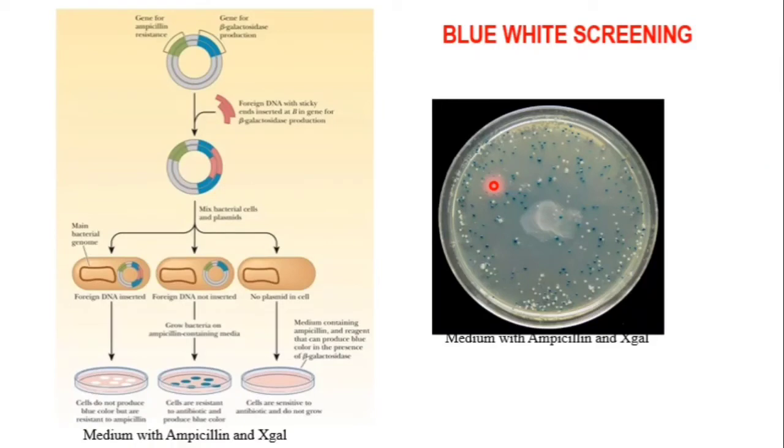If foreign DNA is inserted in the lacZ gene, that lacZ gene will be inactivated, and it produces a colorless white colored colony. So this white is the recombinant clone, because the lacZ gene is inactivated due to the insertion of foreign DNA.